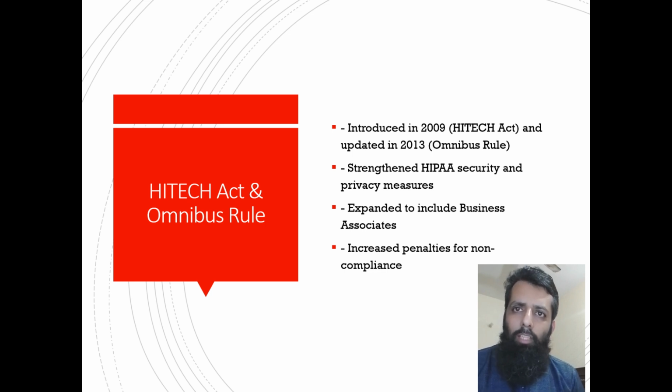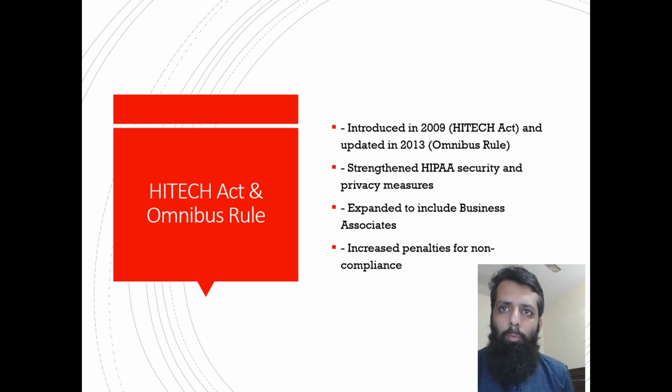One of the key updates was the breach notification rule, which requires organizations to notify patients and authorities if their health information is exposed. This means that if a laptop containing unencrypted patient records is stolen, the organization must report the breach and take action. To prevent breaches, we must follow best practices such as using strong passwords, encrypting sensitive data, and ensuring that patient records are only accessed by authorized personnel.